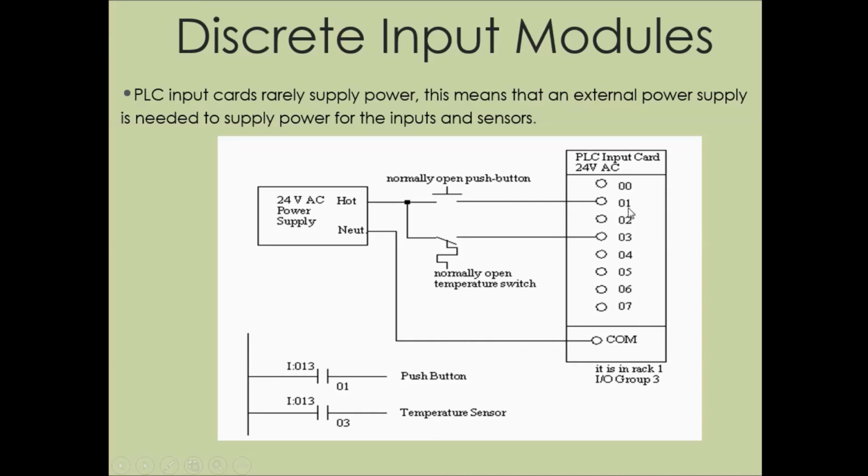So that will give an indicator of 1 when this is pressed. So we have the positive through to the negative. And the same is true with this normally open temperature switch. So here shows you how the inputs, being this push button and this normally open temperature switch, are externally supplied voltage from this power supply.